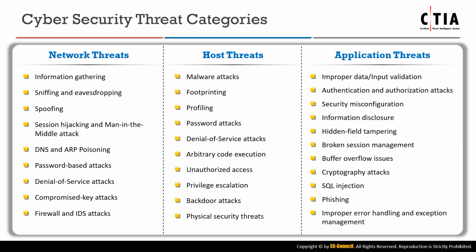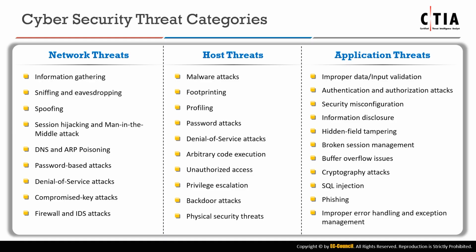And then, just like with network attacks or with application threats, we have password attacks. Anywhere there's a password, we can have a password attack. And we have denial of service attacks. Same on the network as on hosts. We can shut down that host. Unauthorized access. Getting access to the host when you're not supposed to.